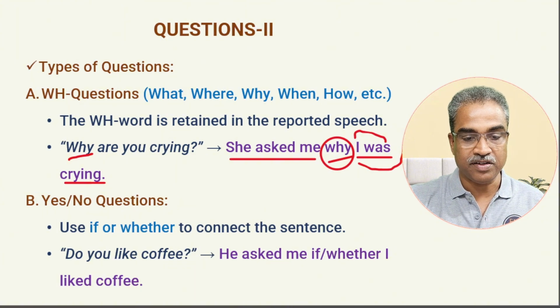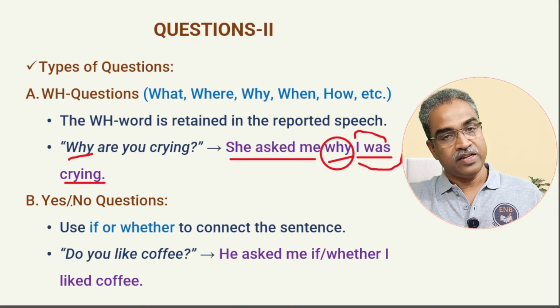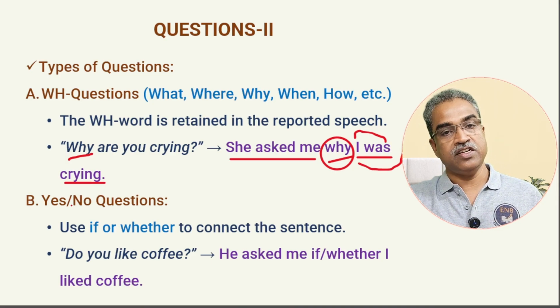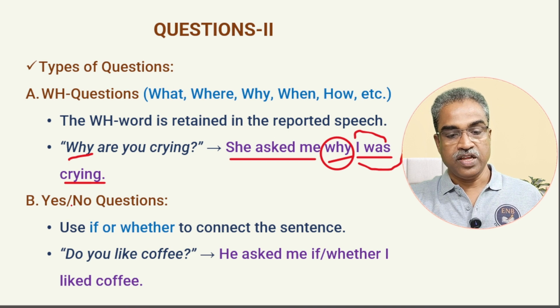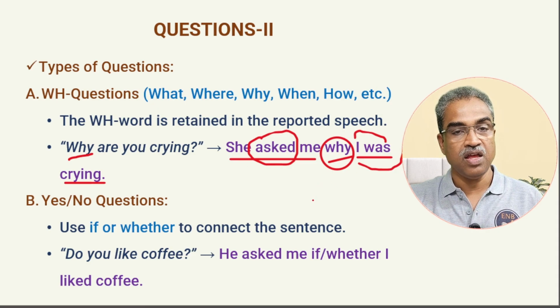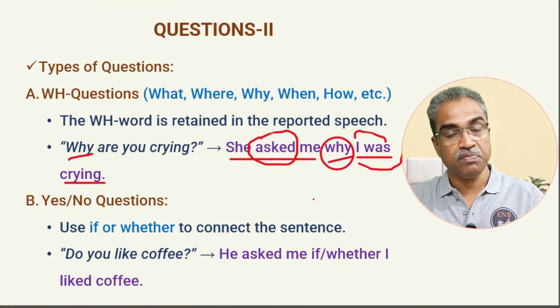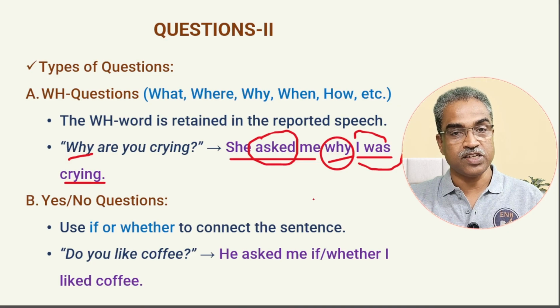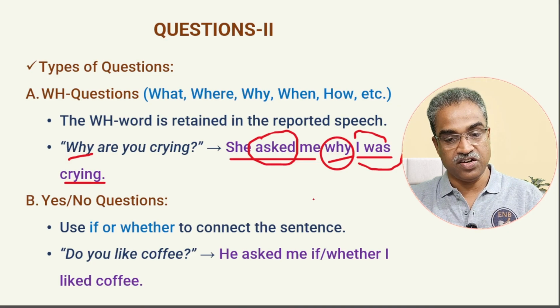So once again, let me tell you. She said to me, agreed. So she asked me, because this is a question. Because this is a question, commonly we use this word asked. She asked me why I was crying. Are you crying is present continuous. Its corresponding past tense is past continuous.